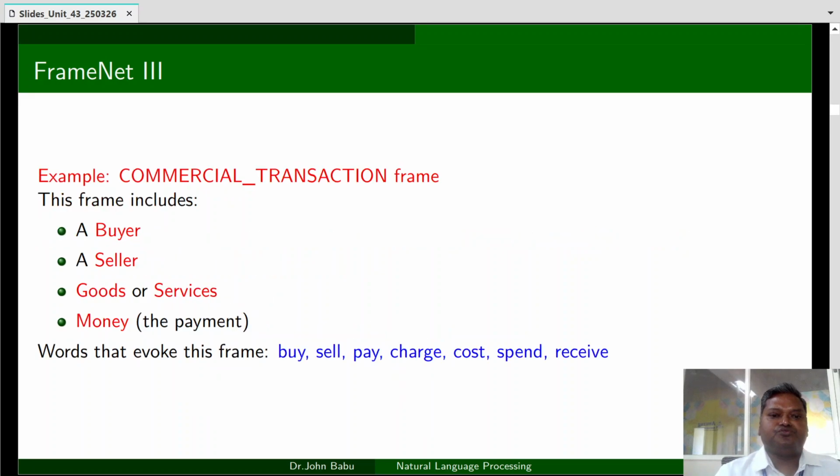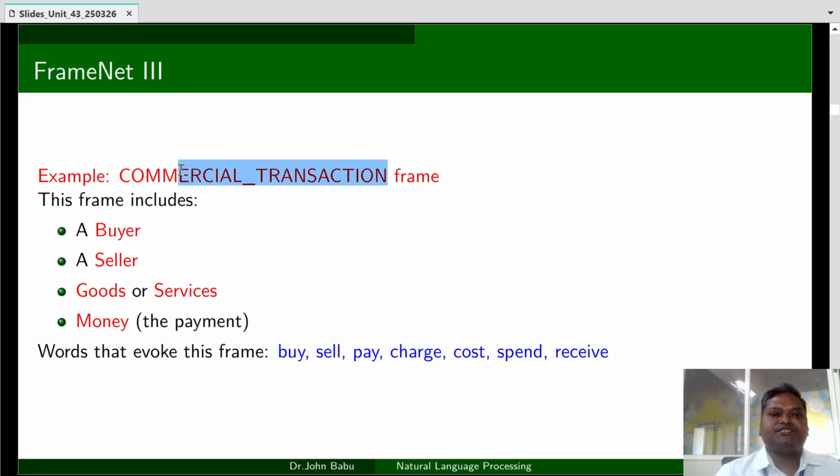For example, if you give a sentence, I have bought groceries today, that bought will instantiate a frame called commercial transaction.